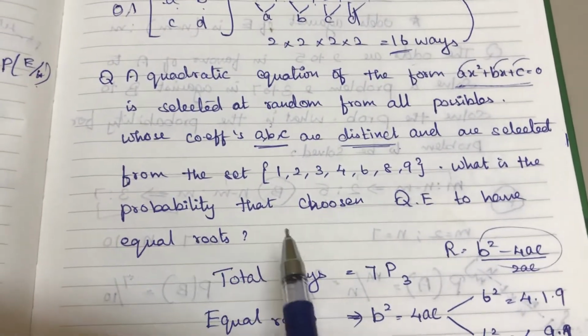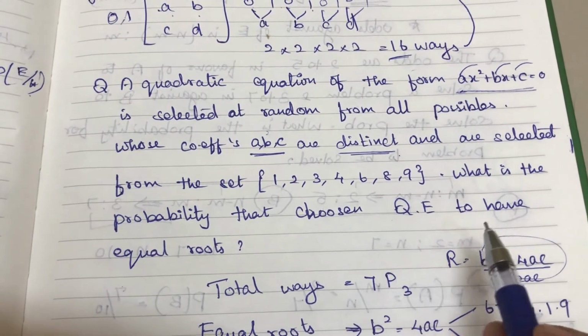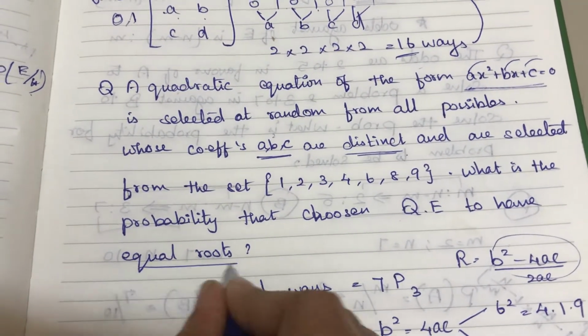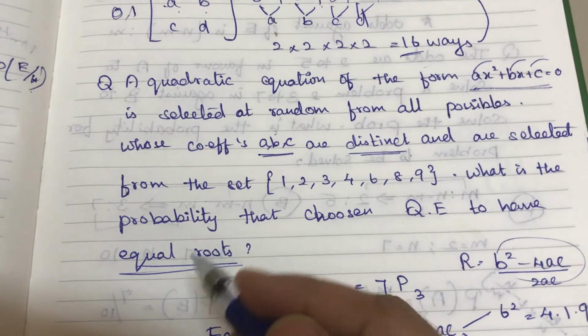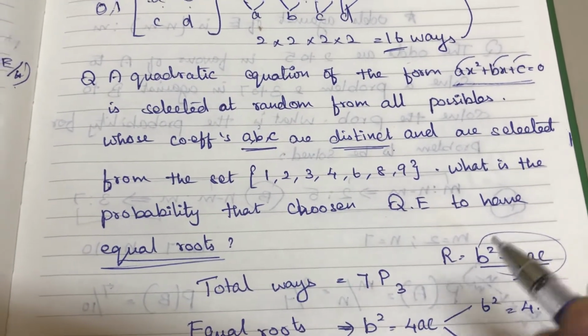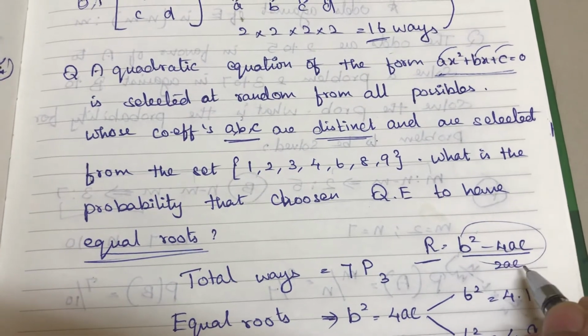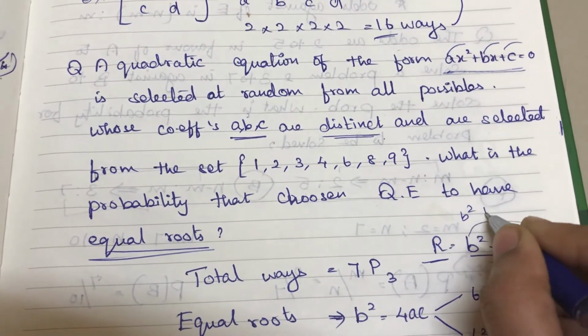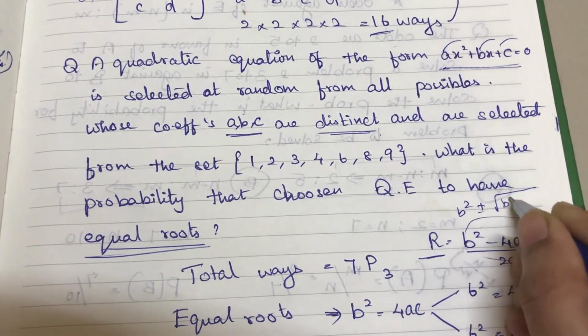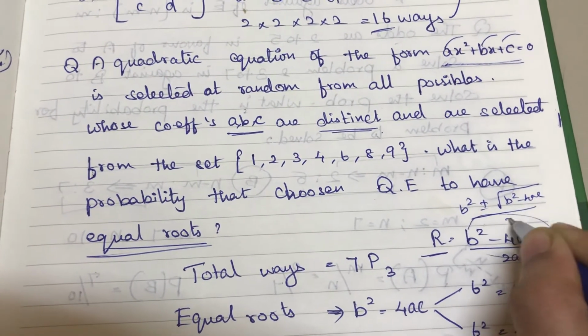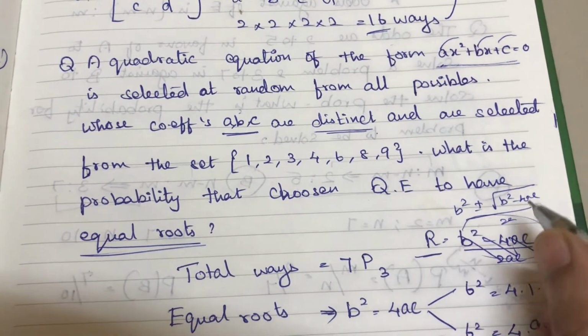What is the probability that the chosen quadratic equation has equal roots? So they are asking for equal roots. Normally we find the roots using the formula: minus b plus or minus the square root of b square minus 4ac, all divided by 2a, right? This is the formula.